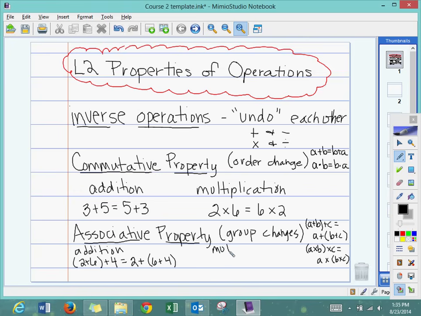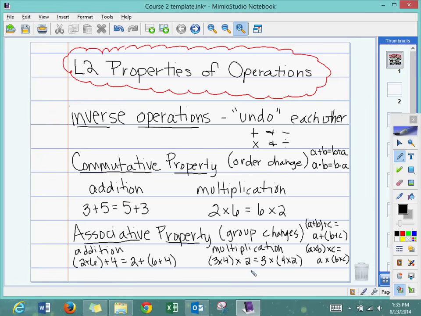An example for multiplication: if we had 3 times 4 in parentheses, and then we had times 2 on the outside, we could have the 3 on the outside this time around, and have 4 times 2 inside parentheses.